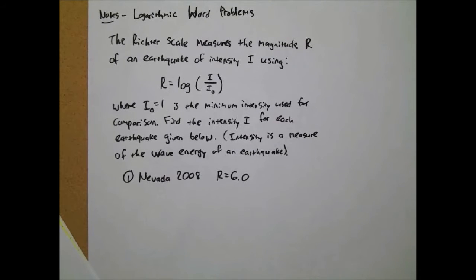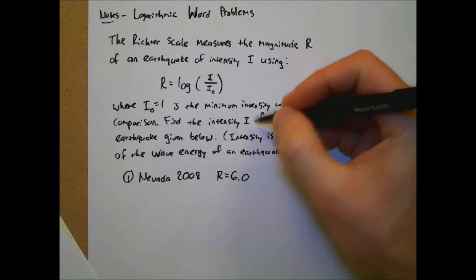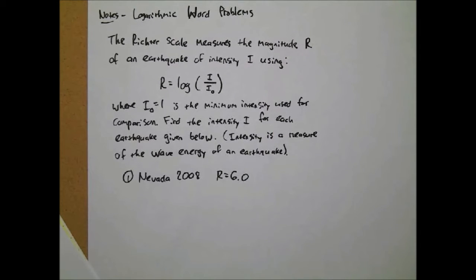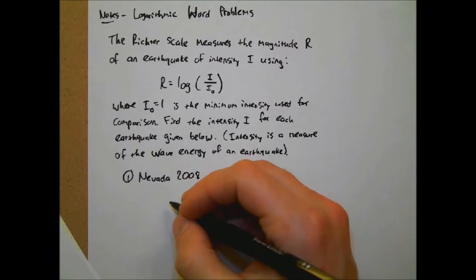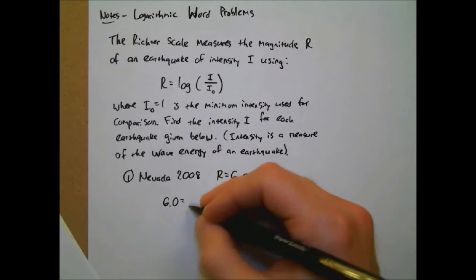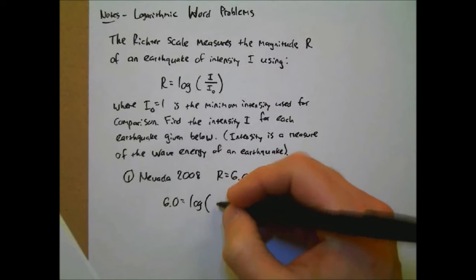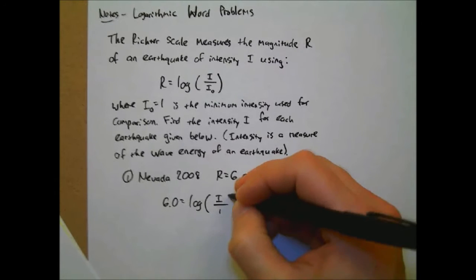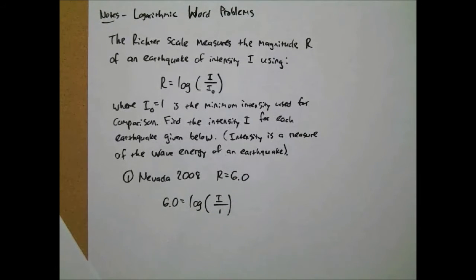And we're going to then find I, the intensity here. 6.0 is the R value, so we'll put that in for R. And we'll say that's log of I over 1. We're just going to compare it to a minimum intensity earthquake. Okay, so how do we solve this here?